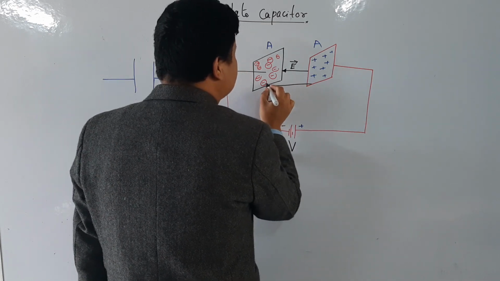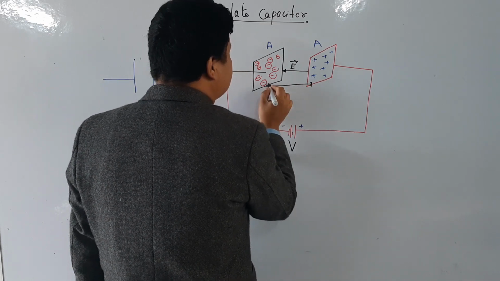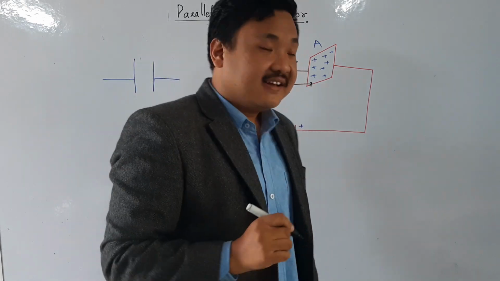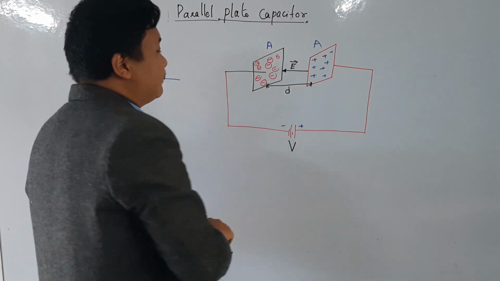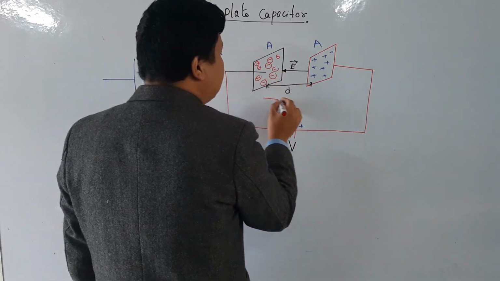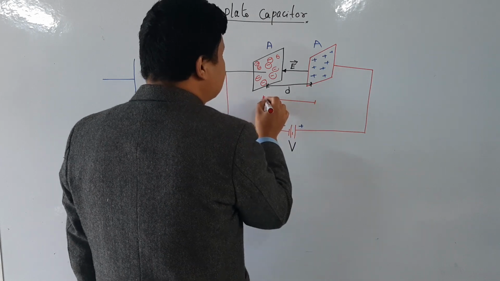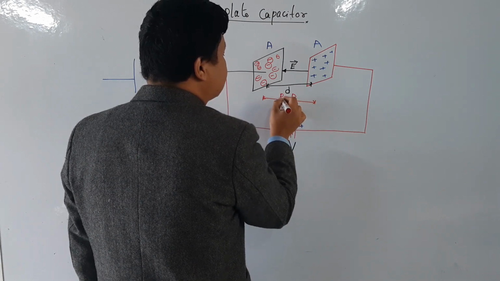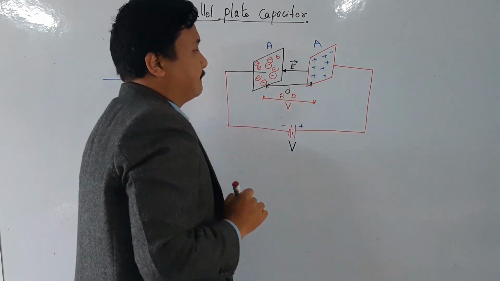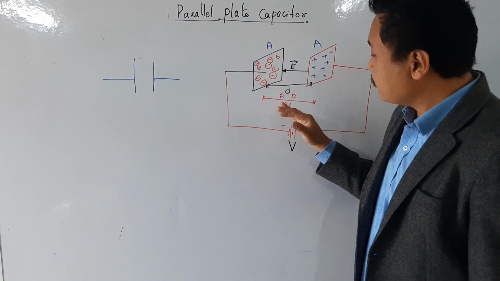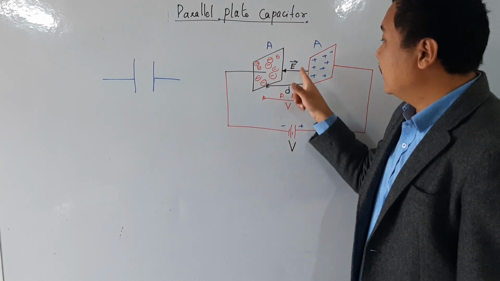The distance between them is small letter d. And because of this, between these two plates there will be a potential difference V. These are very essential things.